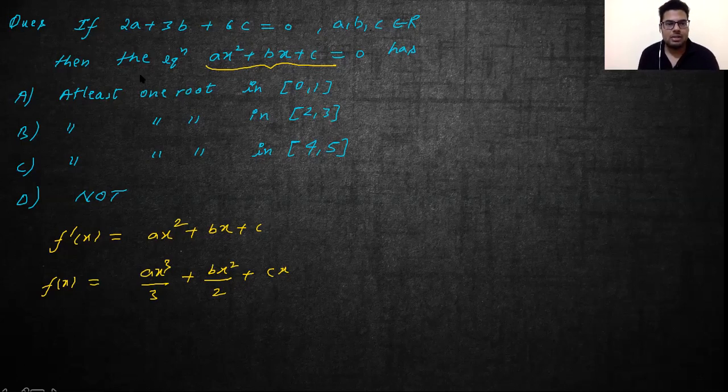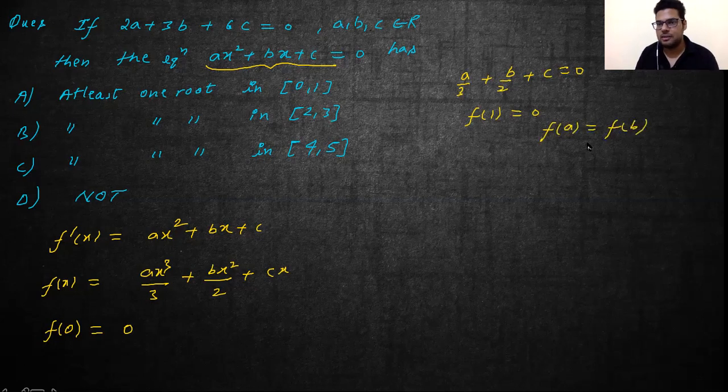Now clearly, f of 0 is absolutely 0. Now let us try to find out what is given. You can divide this equation by 6. Once you divide this equation by 6, you will get a by 3 plus b by 2 plus c equals 0, which is nothing but f of 1. So f of 1 is 0, and f of 0 is 0. This is the apt condition for applying Rolle's theorem, f of a equals f of b.